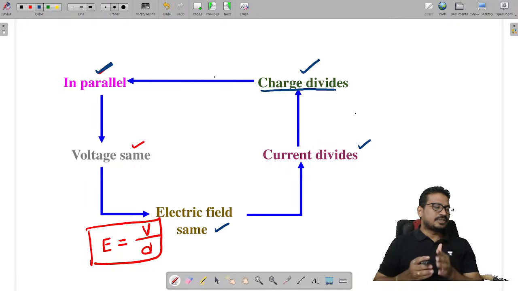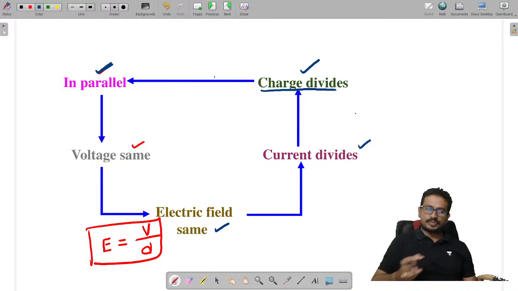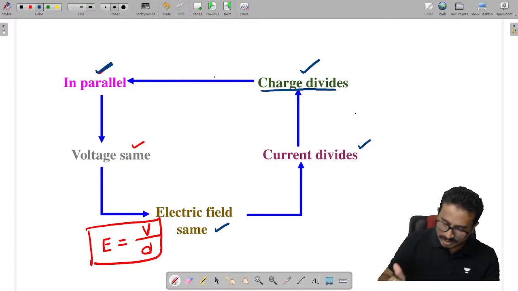This is the loop. This is one of the very important observations, based upon this loop.